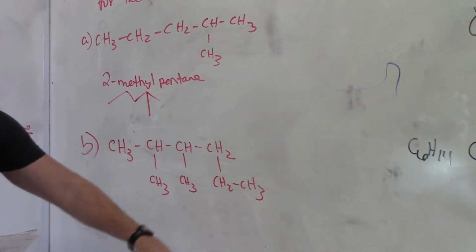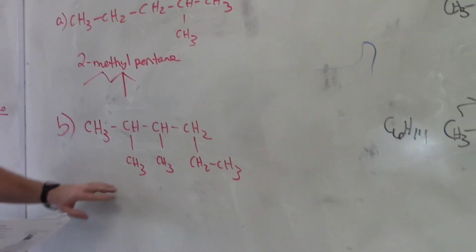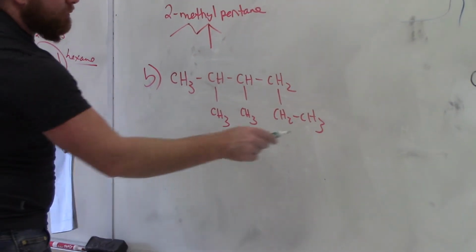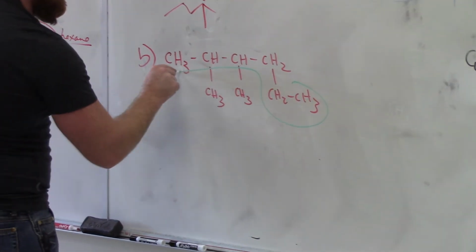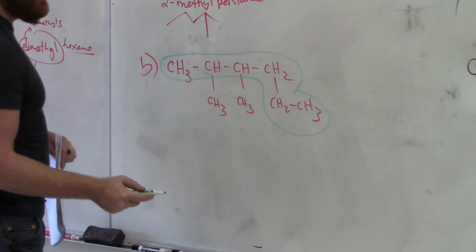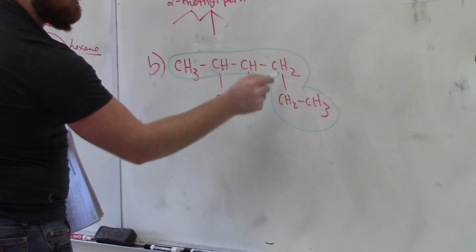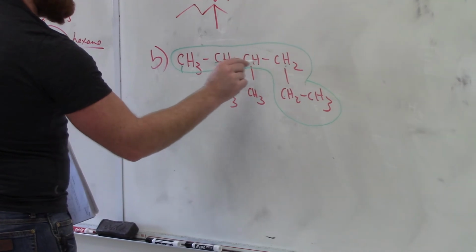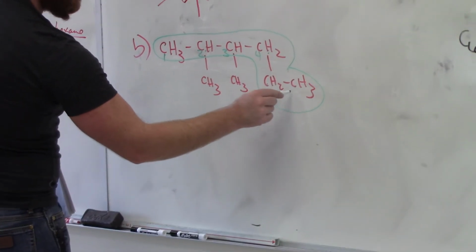Now that's not a side branch, right? Now so there is a side branch. This is my longest continuous chain. Now the trick is which way do we name from? So this is 1, 2, 3, 4, and this is 1, 2. So that's my carbon 1, because it's closer to where the nearest side branch starts.